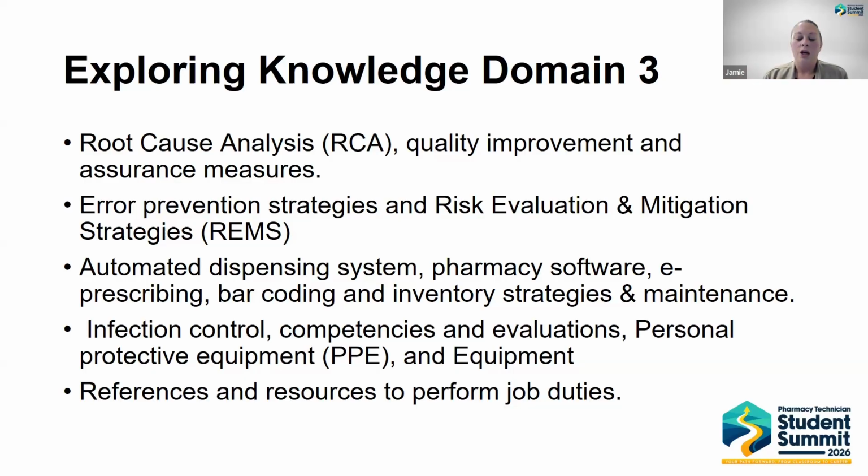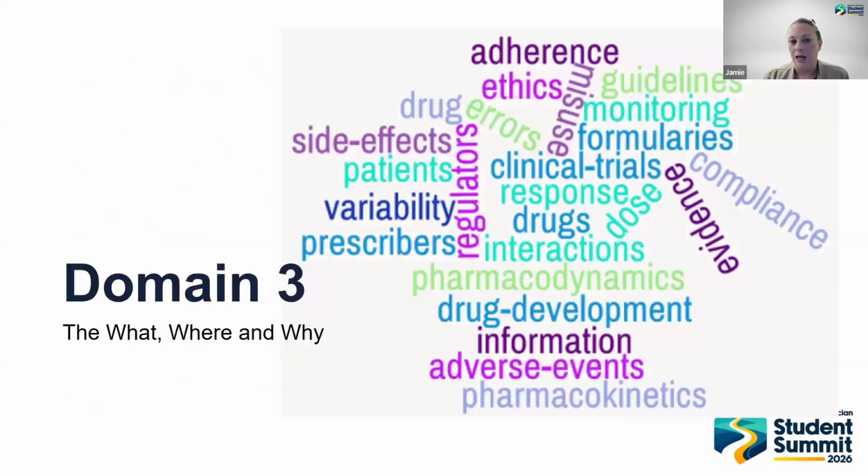So before we get to looking at what that would look like for you, I want to take some time and look at the background, the bigger picture. So the what, where, and why of Domain 3. Where does this come from? Why is it so vast?